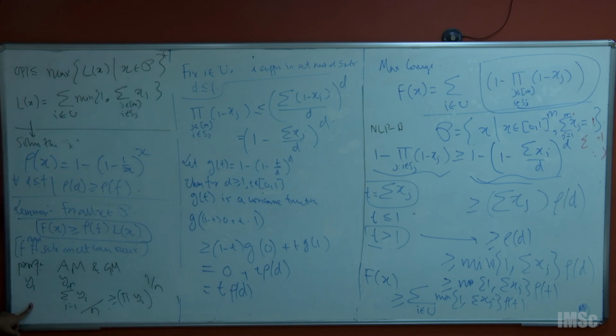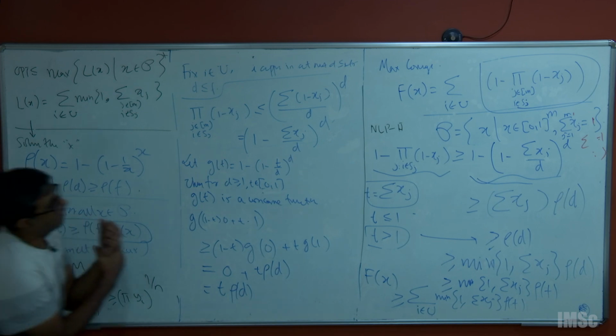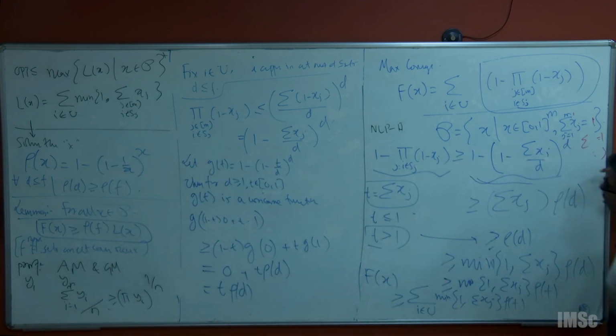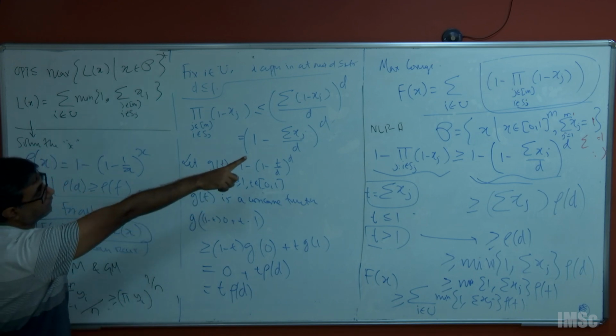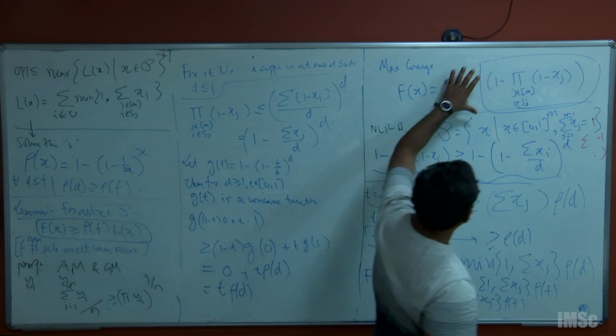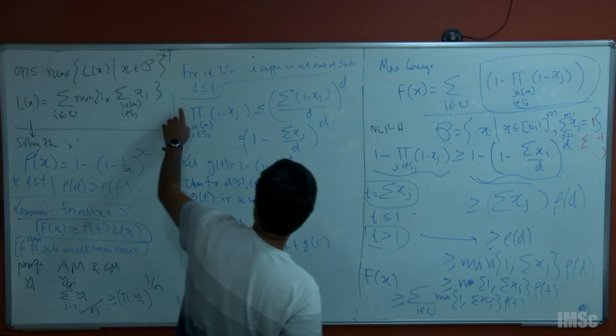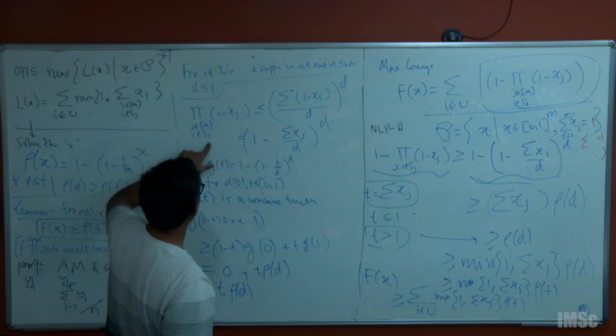I can still apply my AM-GM inequality for each element, correct? Because all I care about is not the points, it is all about this particular function that we are trying to maximize. What kind of point you have got is already fixed by the polytope property. Then I can again look at my f of x, fix an element, and look at which sets it is in.